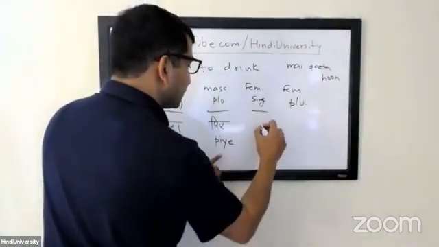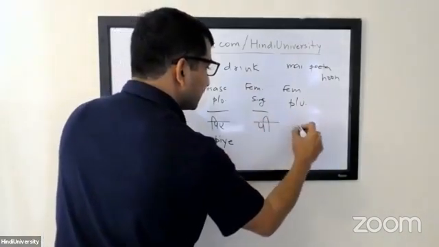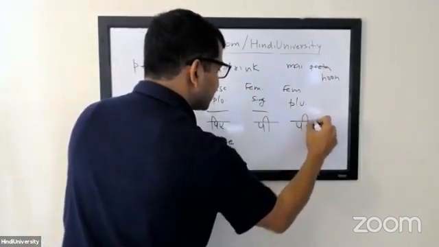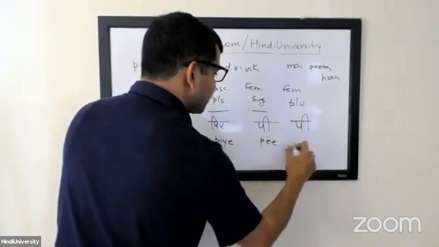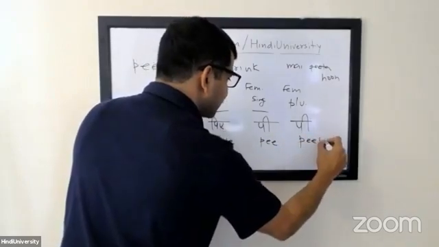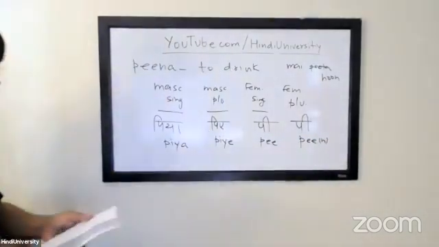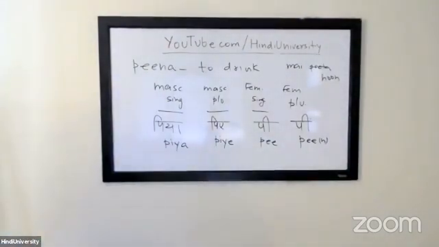For feminine singular it's pi, and plural is the same thing with the nasalized sound. So now let me give you some examples of it, and hopefully this will clarify it a bit further. If I'm saying something like, I'm going to use some.